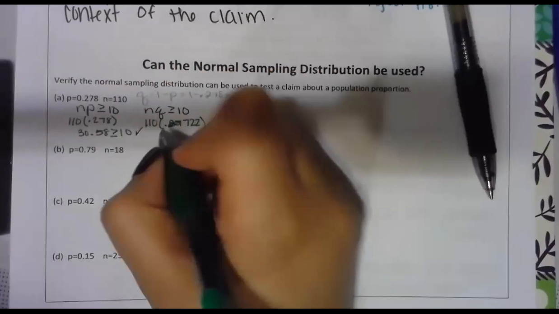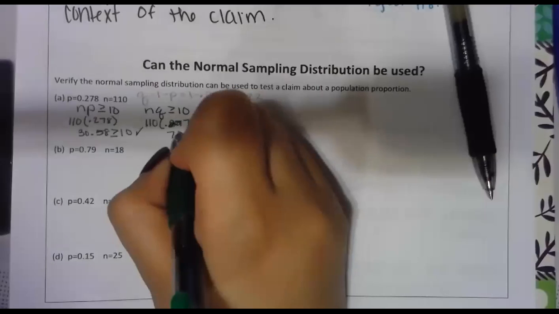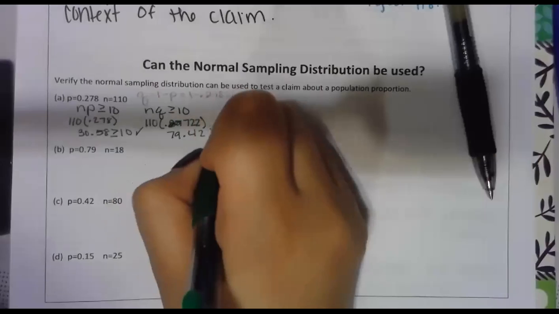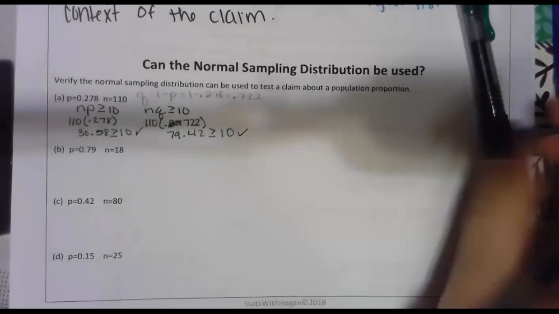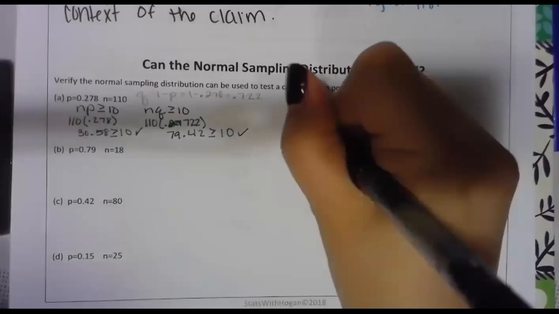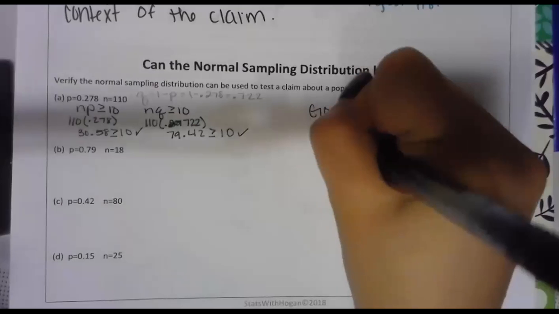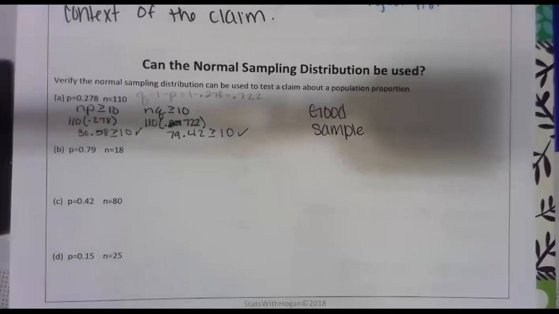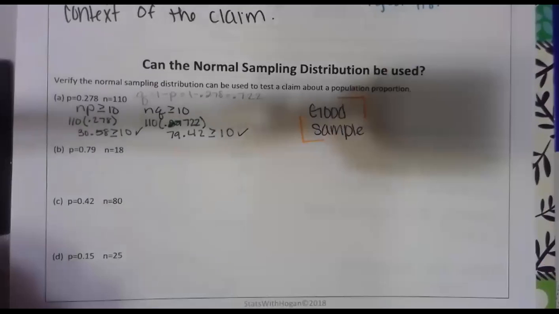Okay, well that's actually gonna give you 79.42, which then you compare to greater than or equal to 10. Is it greater than or equal to 10? Yes, in this case it is. So then this is a good sample. And you would continue on.